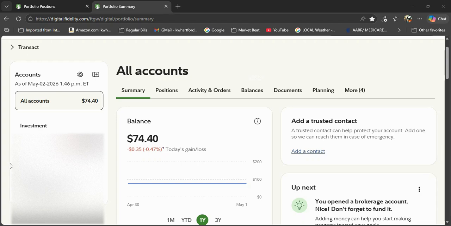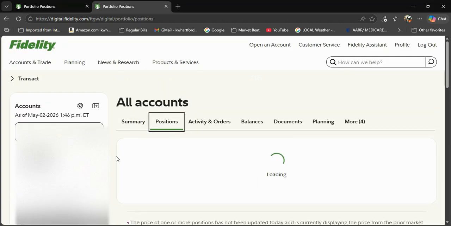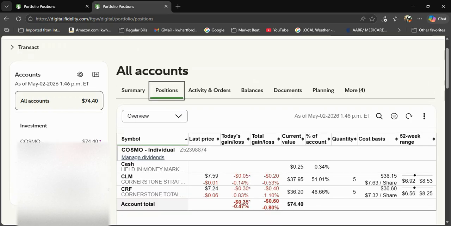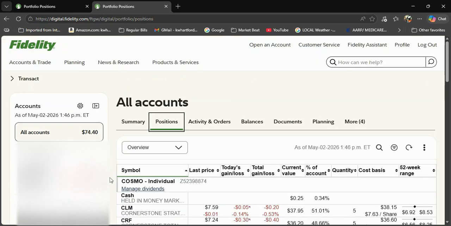Okay, so you see Cosmo is all set. He's got his positions here. He's got a start. Now, don't forget, you can't just leave it at 5 shares apiece. You're going to have to make a decision as to how much you're going to put in the account on a regular basis.